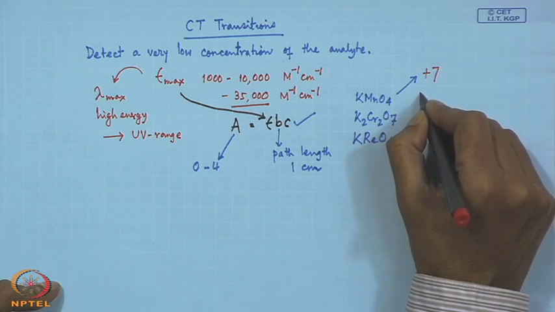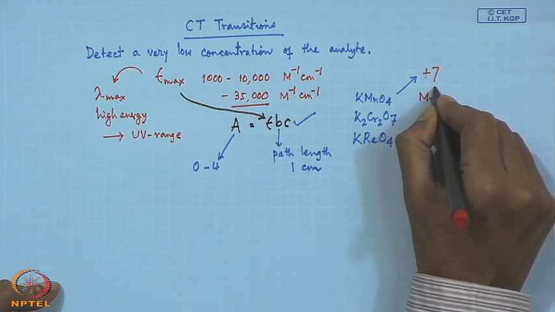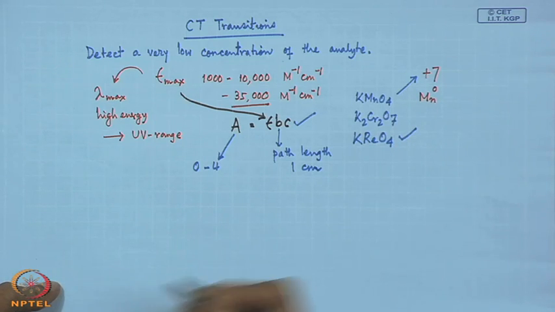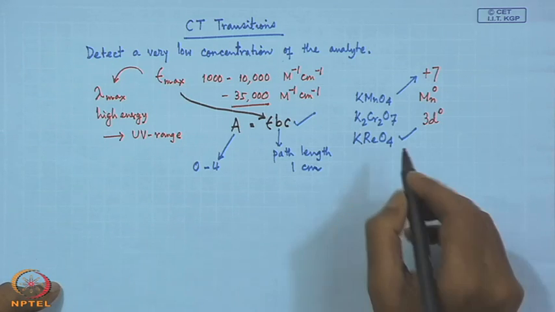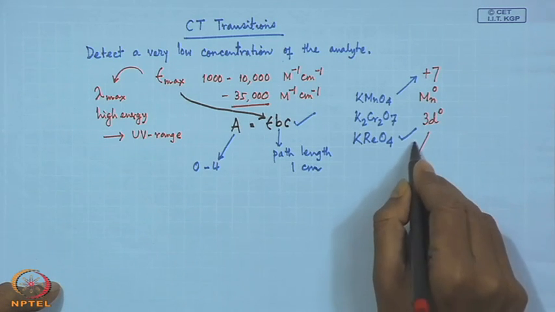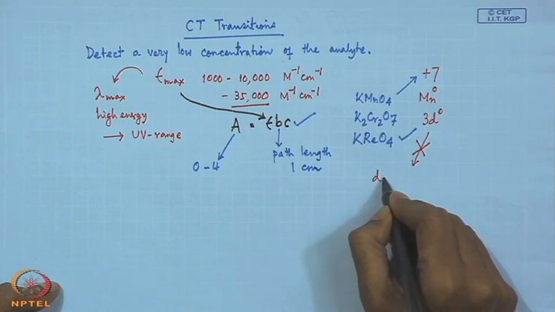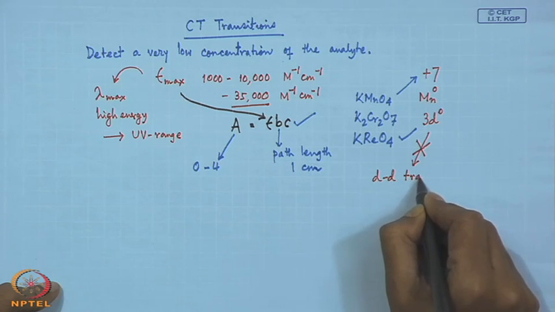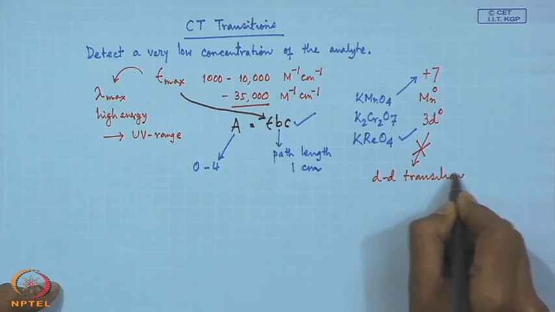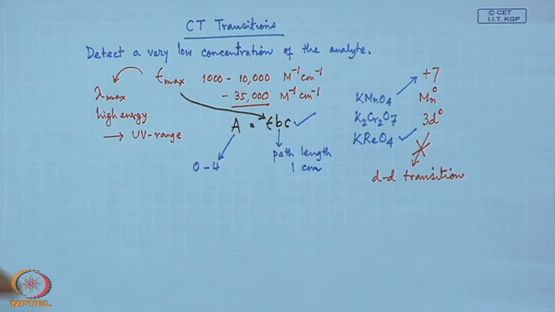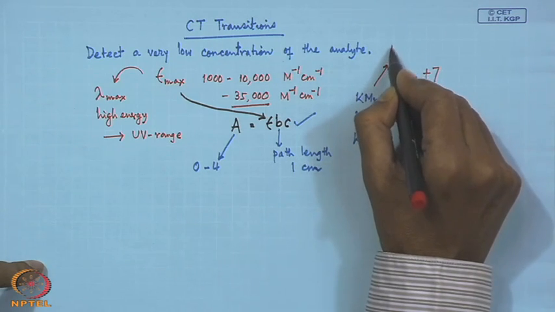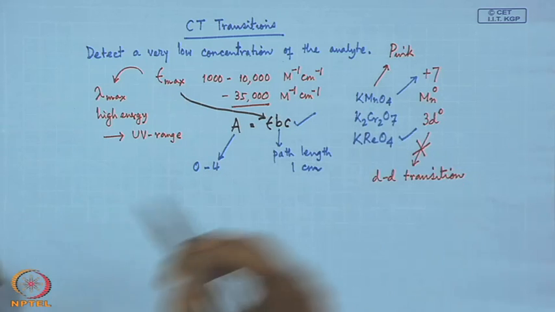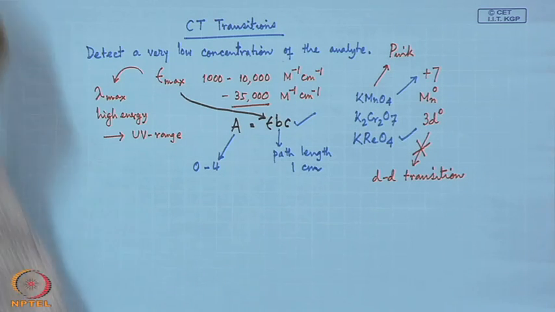Therefore, the electronic configuration of manganese is 3d0. Since it is 3d0, we do not see any d-d transition. So, d-d transition should not be there for potassium permanganate, but still this compound is colored pink. So, why do we see the color?